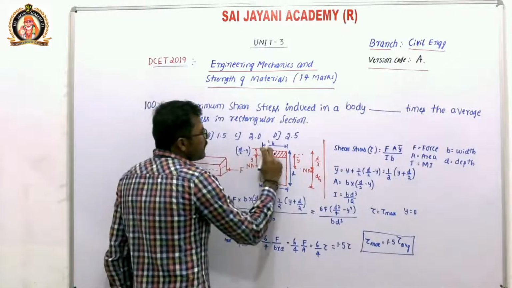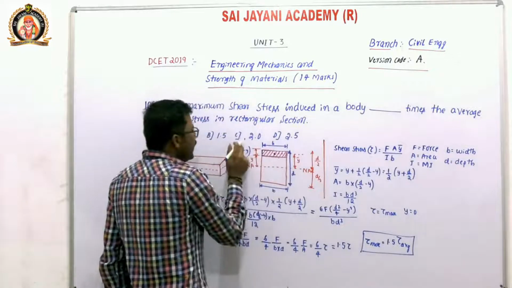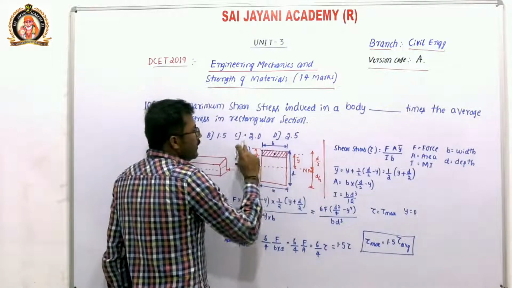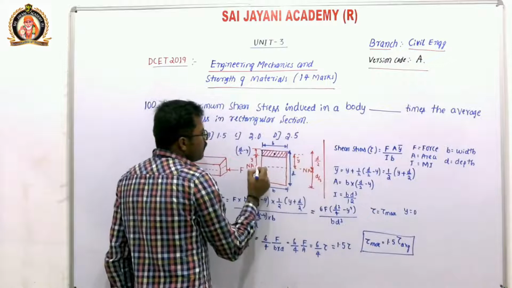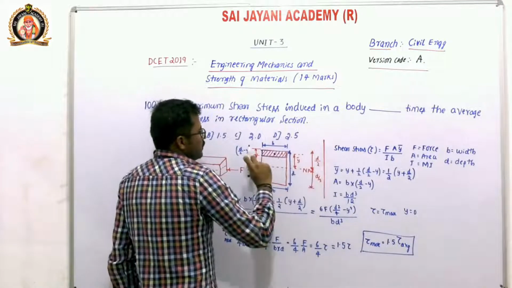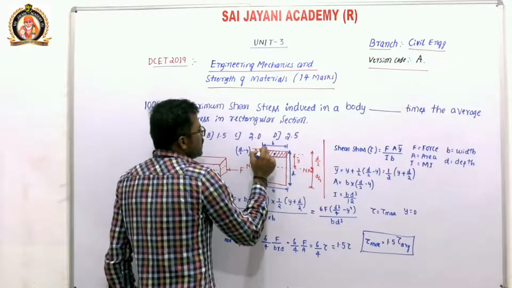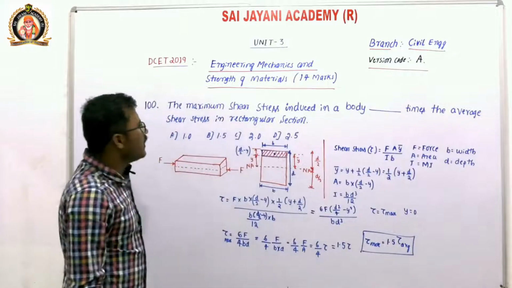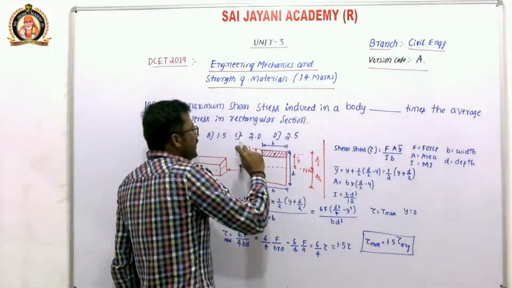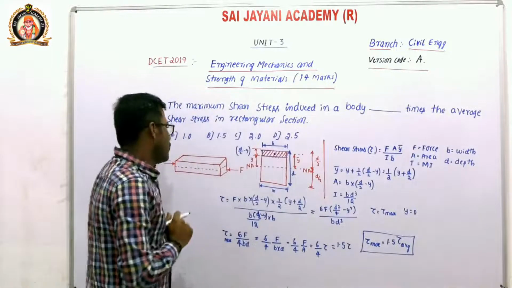So the depth of the small elemental component is given by d by 2 minus y. By subtracting y from d by 2 we get the depth of the small elemental component. So B is the width, d by 2 minus y is the depth of the small elemental component.